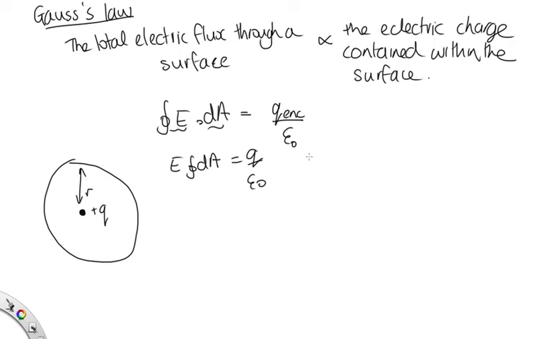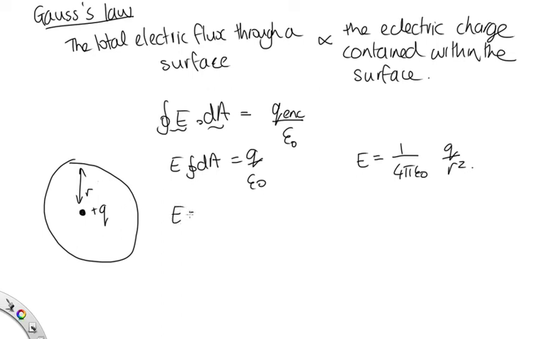Now, we'll just provide some justification for this. We know that from Coulomb's law, the electric field at a distance r from a charge is given by 1 over 4 pi epsilon naught q over r squared. So this is what we're expecting to get. Now, what this tells us we need to do is take this surface area.